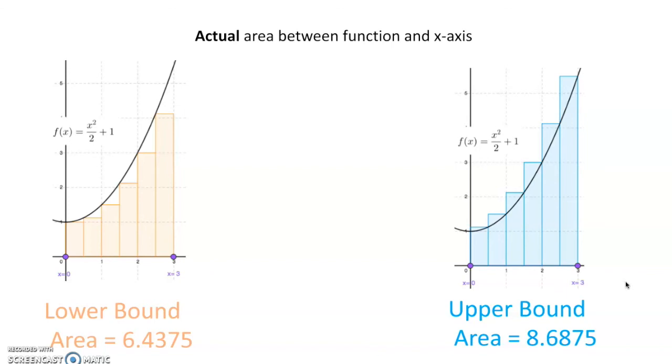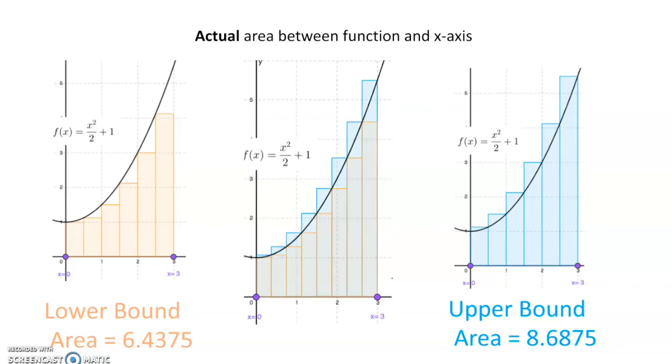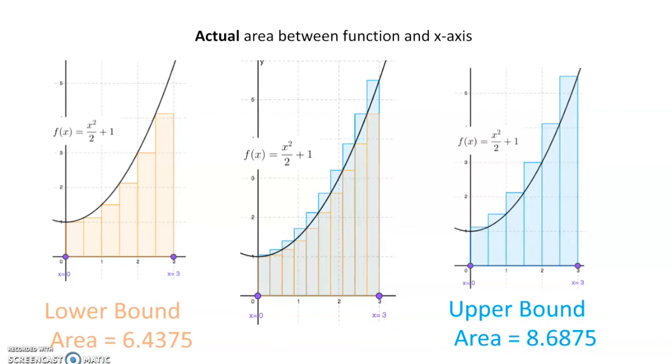Last thing we're going to talk about is how can you get this more accurate? Well, this is the situation when we've got 6 rectangles. Here we've got 8 rectangles. Here we've got 10 rectangles.